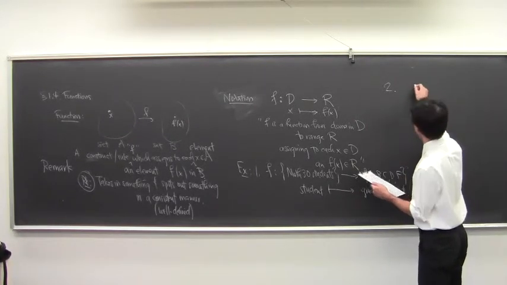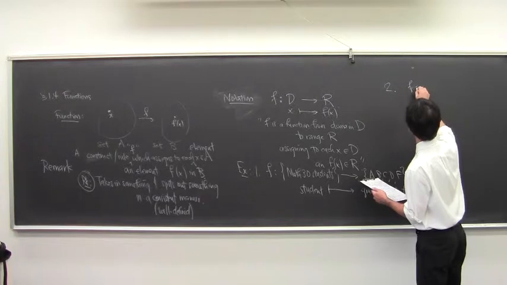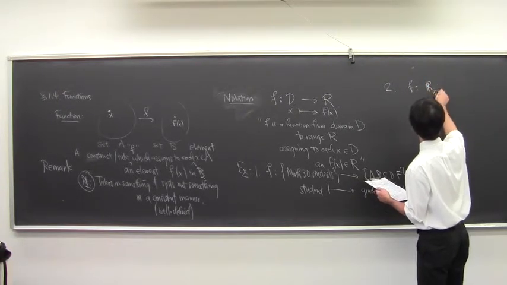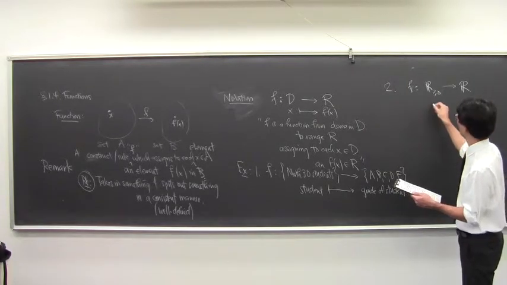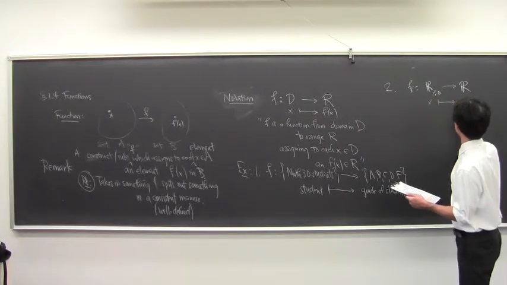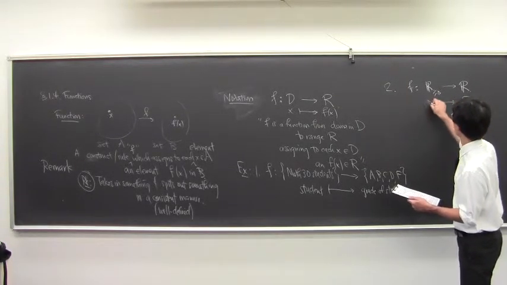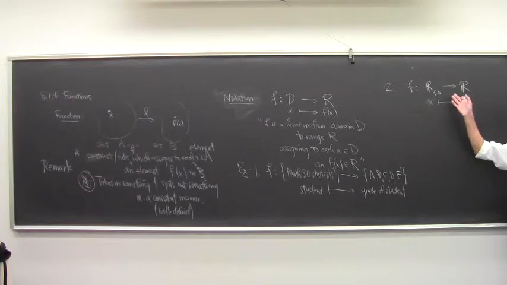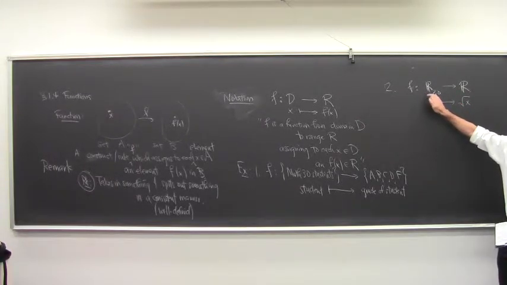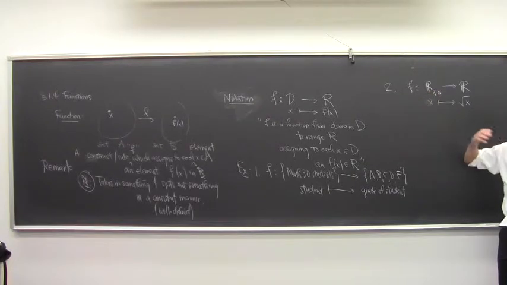Another example, we could talk about a function from the non-negative real numbers into R, taking x to the square root of x. Okay. So this is how you describe the square root function, right? Its domain, the numbers that it will accept, are the non-negative numbers.